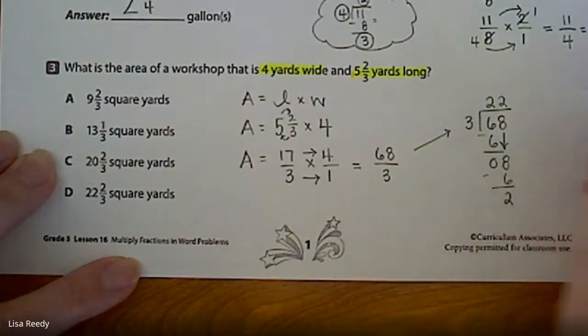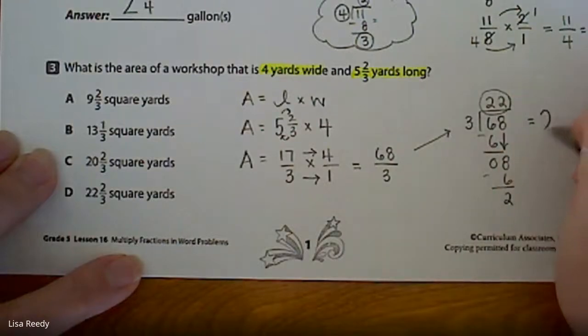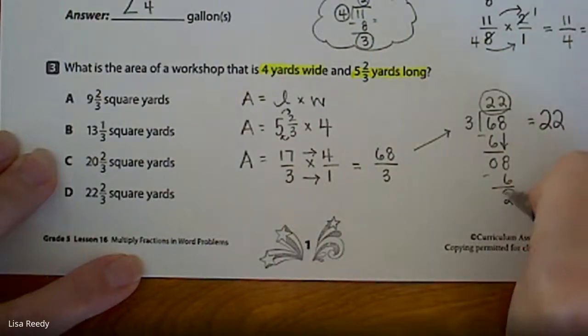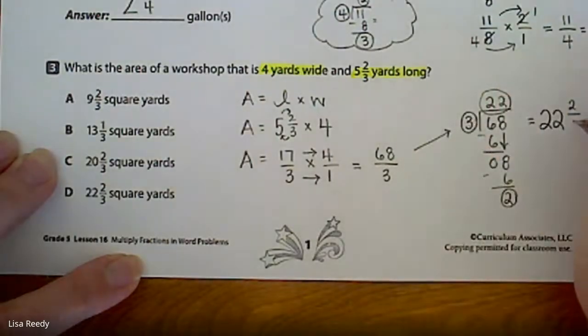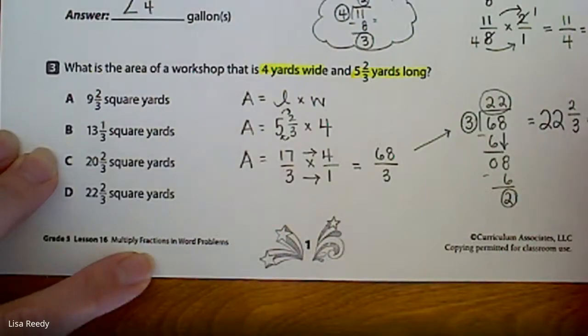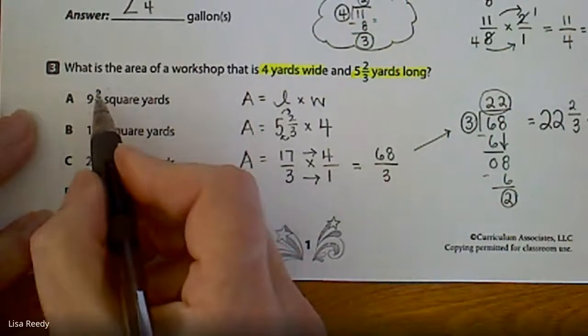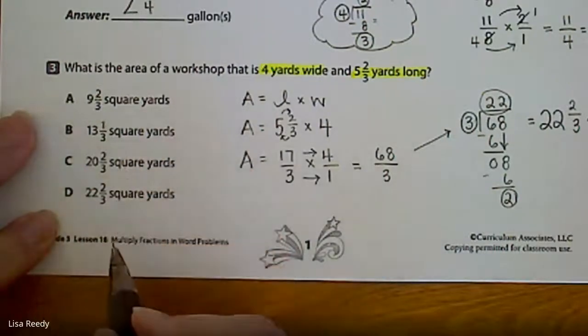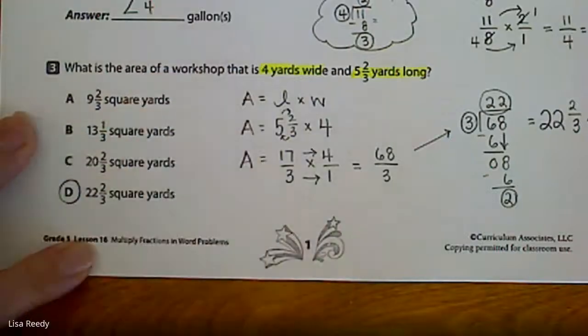And there are no other numbers after that. So when I look, I see it goes in 22 whole times. There is 2 left over, and you are dividing by 3. So it's 22 2/3, and it should be yards squared because it's area. If I look at my choices, A, B, C, and D, I do have 22 and 2/3 yards squared. So I know the answer is D.